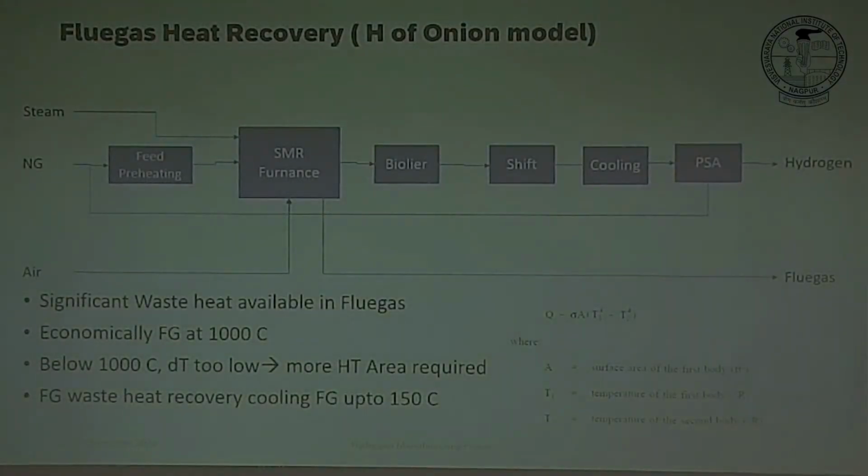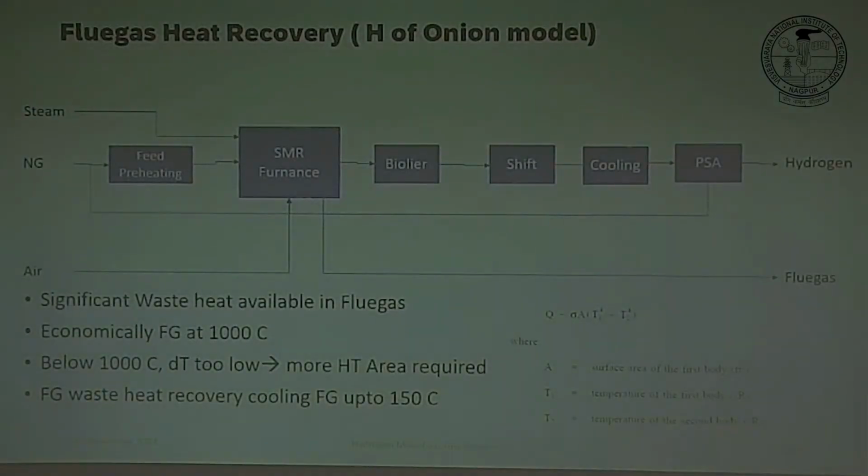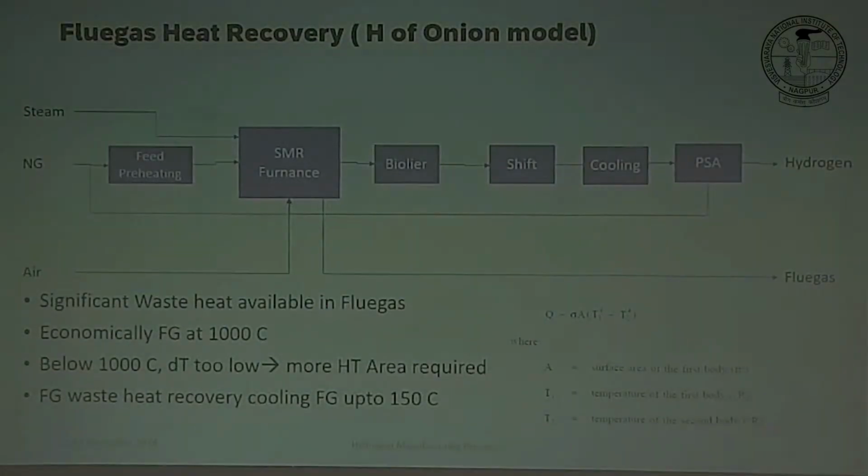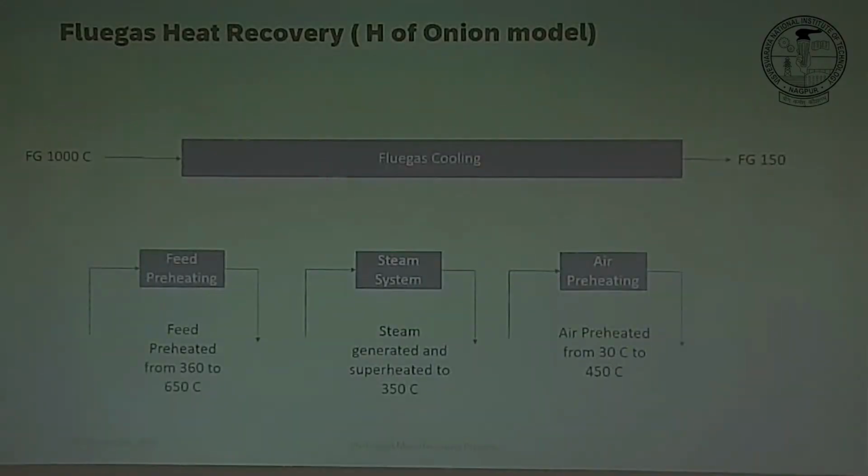We saw that economically we selected 1000 degrees based on capex and opex. The higher the temperature, the lower the heat transfer area required, but on the other side we need more fuel. Flue gas, normally we can recover heat from 1000 degrees to 150 degrees. Do we have any consumer or any other process stream which needs heat?